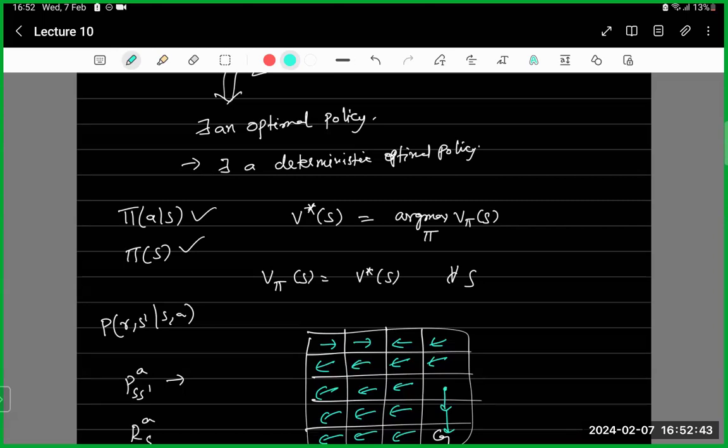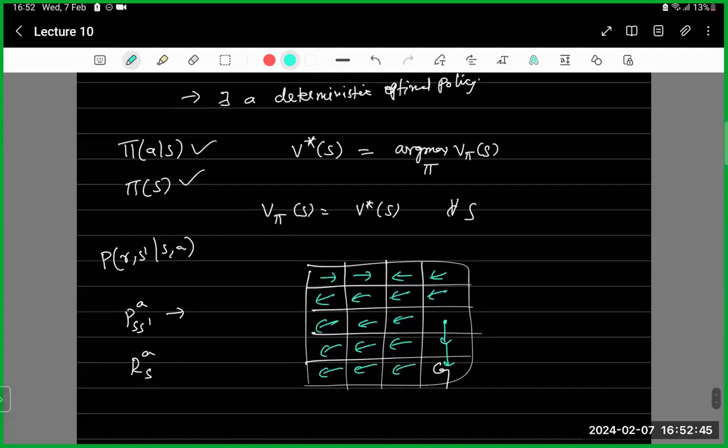Okay. So these are the set of all deterministic policies. Now, what will be the set of all policies? If I don't talk about only deterministic policies, then what will be my set of all policies? In every state, there are 4 possible actions. I have to put some probability on each action.